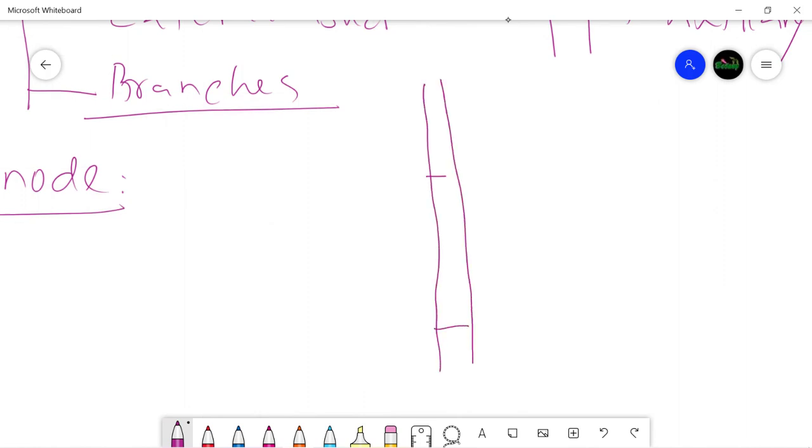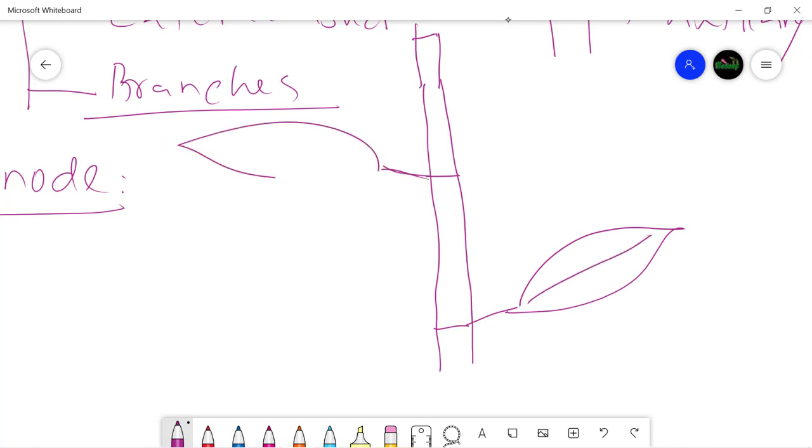So this is a node and this is a node, and then we have a node here, and leaves arise from the node. For example, these are alternate leaves. More about the arrangement of leaves in the chapter on leaves. So this area between two successive nodes is the internode.